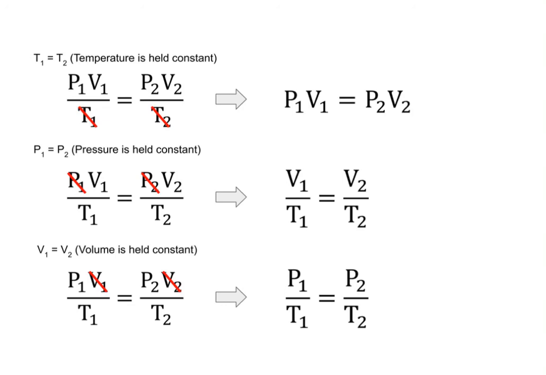If temperature is held constant, then we will drop the temperature out of the equation of the combined gas law, and we will end up with Boyle's law. If the pressure was held constant, then we'll drop pressure, and here we have Charles' law. And if volume was constant at the beginning and at the end of the experiment, then we will drop the volume out of the equation, and we will end up with Gay-Lussac's gas law.